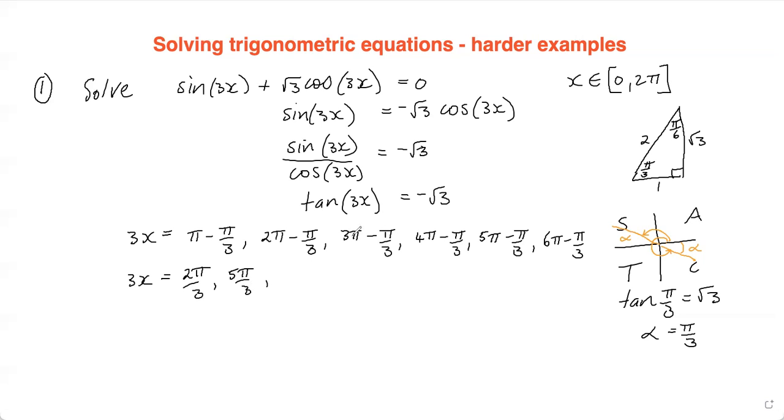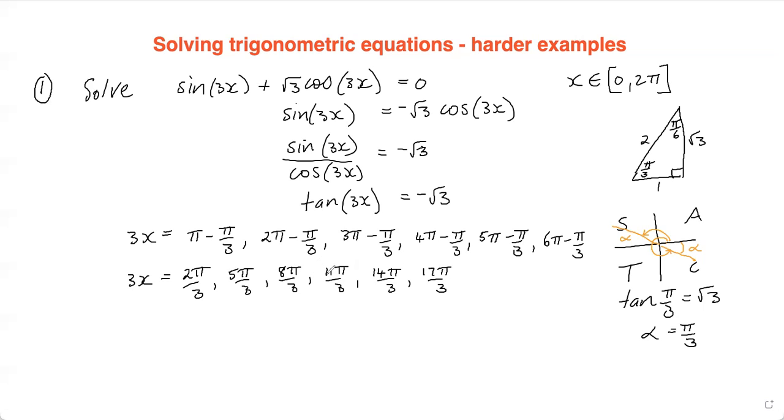And then think of this as 9 pi on 3 minus 1 will be 8 pi on 3. Then we've got 12 pi on 3 minus 1 will be 11 pi on 3. Then 15 pi on 3 minus 1 pi will be 14 pi on 3. Last of all, this will be the same as 18 pi on 3 minus 1 will be 17 pi on 3.